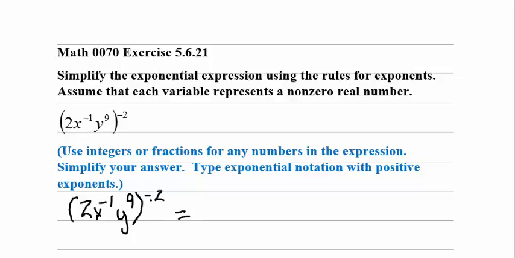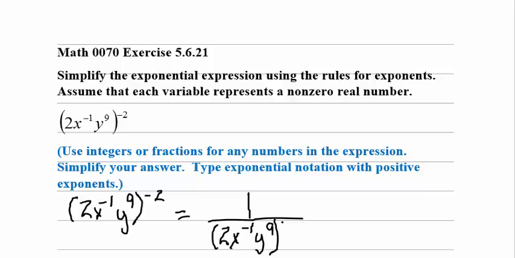So if we want to change the sign of that exponent, we have to move this to the denominator. So notice there is no denominator right now. That means the denominator is an unwritten 1. So we have to put a 1 in the numerator, and we move 2x to the minus 1 times y to the ninth in the denominator.